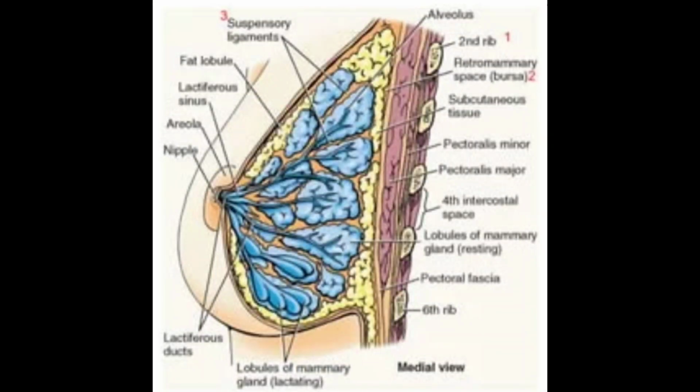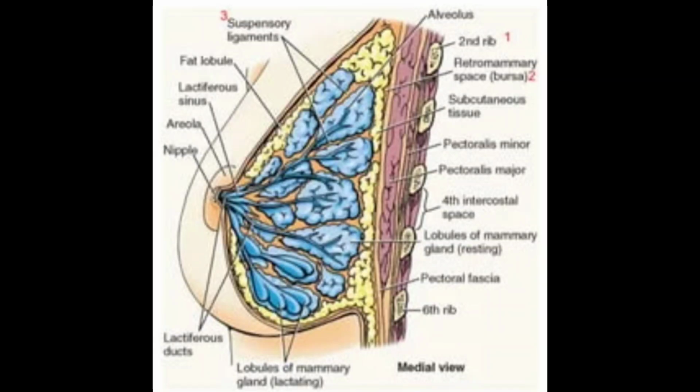In a more detailed image of the breast anatomy, look at the anterior chest wall, which shows the second rib and sixth rib. So the breast ranges from the second rib until the sixth rib, and here you can see their space. This second space is called the retromammary space.